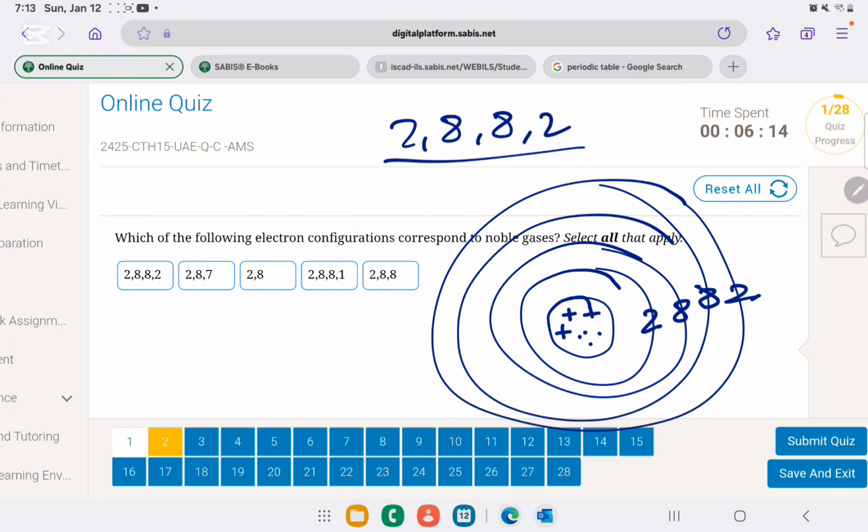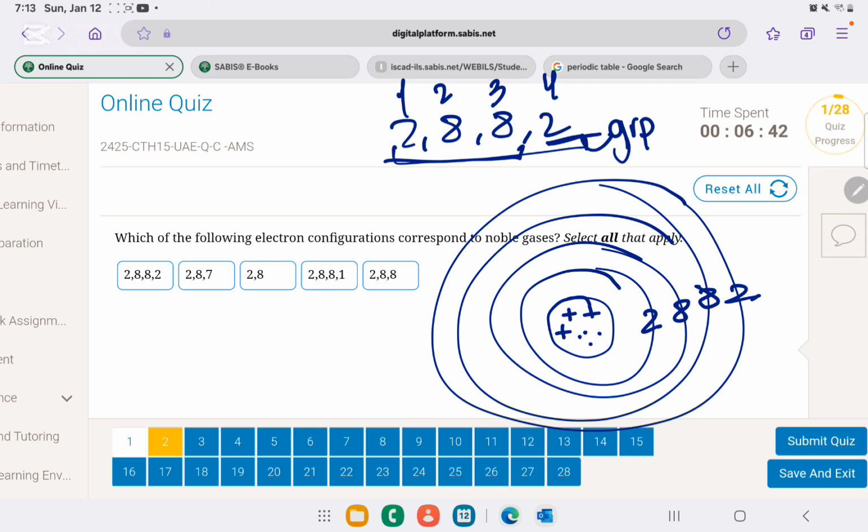What can we know from this electron configuration? We know the last number is the valence electrons, and the first 3 numbers are the core electrons. The last number is also the number of the group that the element is in, in the periodic table, and the number of layers, so in this case 1, 2, 3, 4, is the period number.